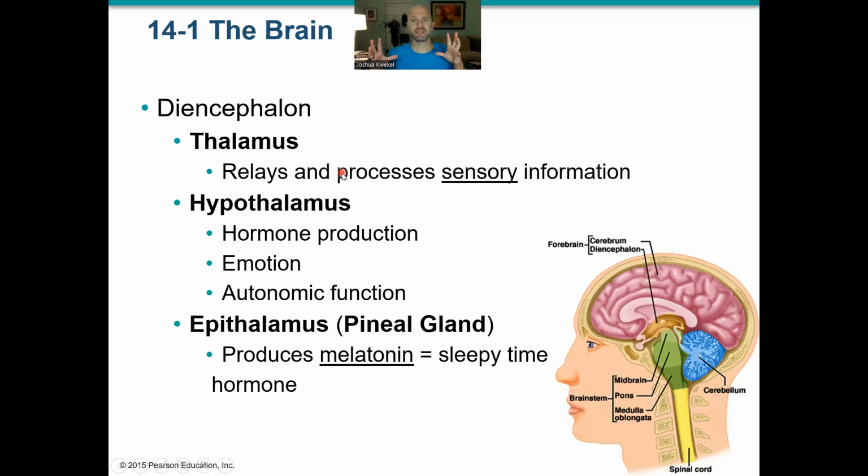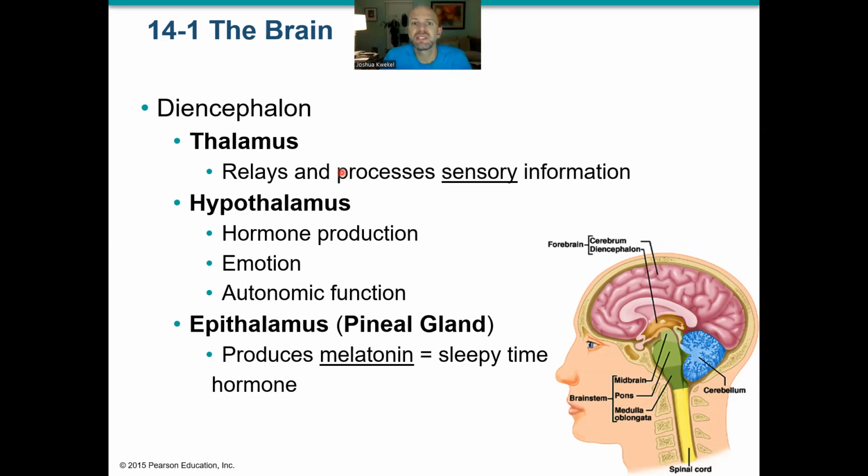Thalamus. What do you need to know about the thalamus? This is the thing you need to know: the thalamus is super important as a sensory processing center. All the ascending sensory data that's coming up into the neck and up into the brainstem, let's say your touch receptors, anything coming from your torso, all of that sensory information coming up into the brain is going to hit the thalamus first, synapse with some other neuron, and then project up into the cerebrum.